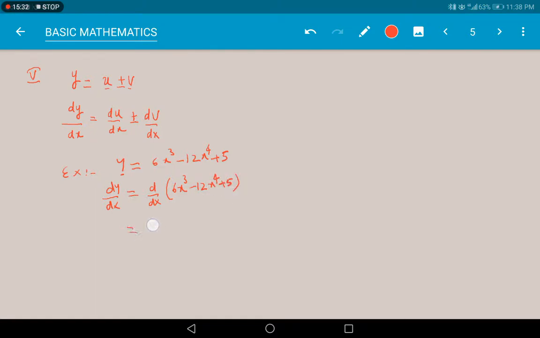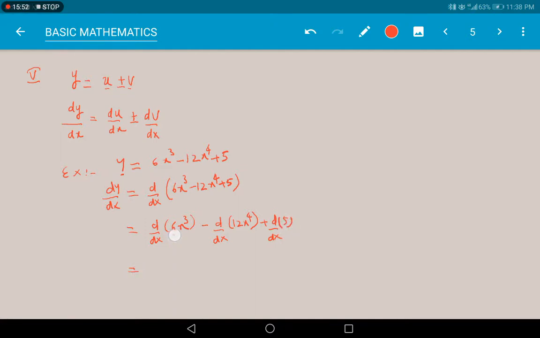Next step, we separate the differentiation: d by dx of 6x power 3 minus d by dx of 12x power 4 plus d by dx of 5.